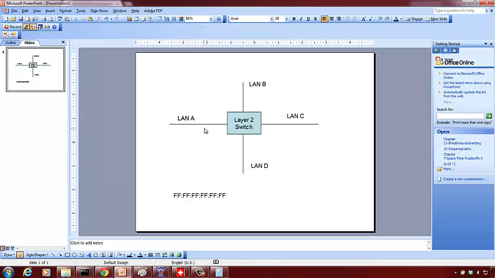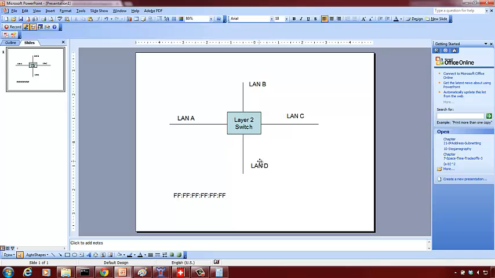If I use this, the switch is going to forward the frame to all the other LANs. The frame will end up going to all 3 LANs B, C, and D. That's the best we can do with layer 2, the hardware address.